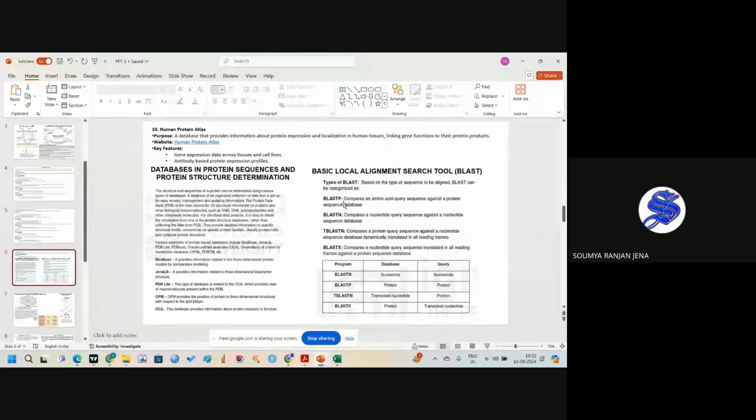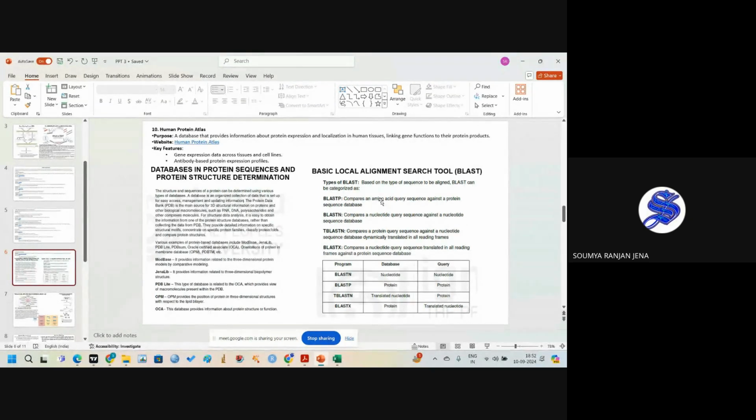This is BLASTP. This compares an amino acid query sequence against a protein sequence database. BLASTN is for nucleotides. BLASTP is a comparison of two different proteins, checking the amino acid comparison between them.